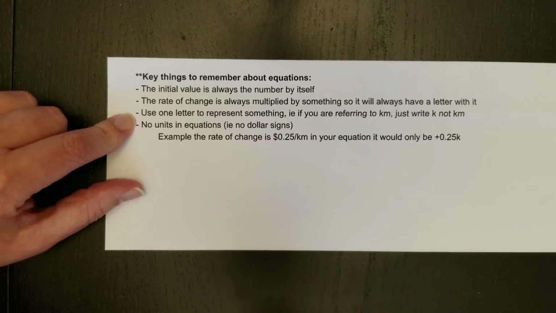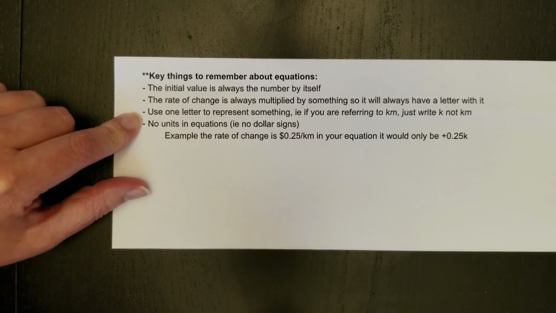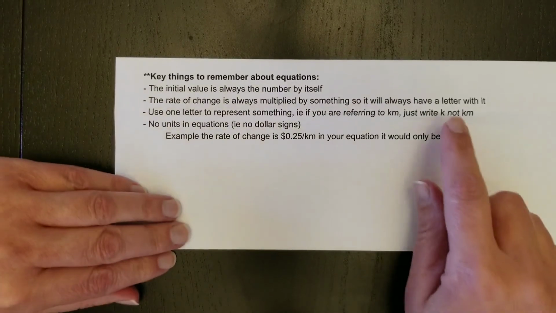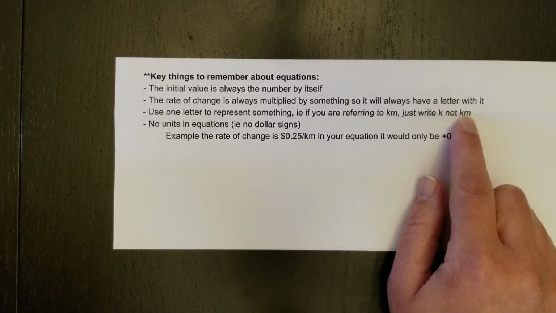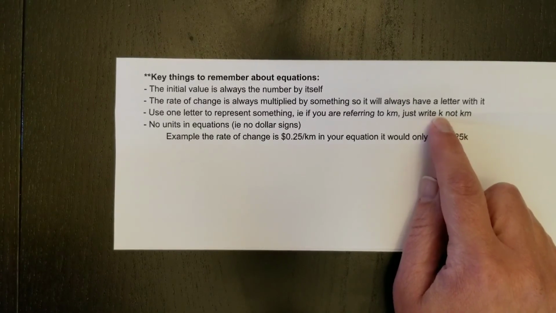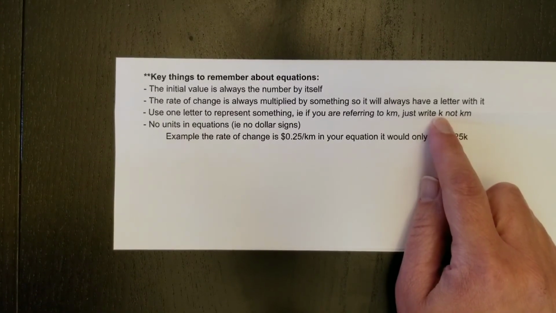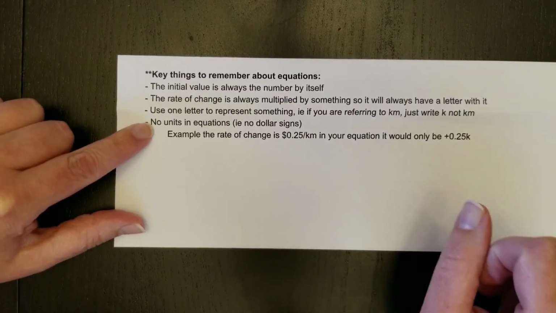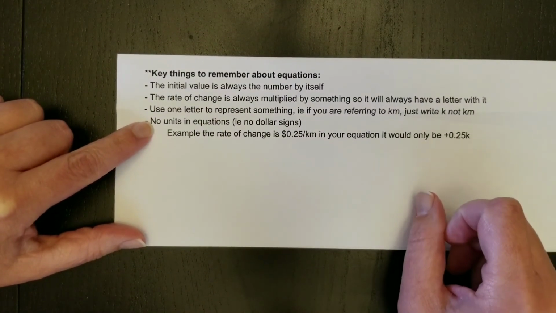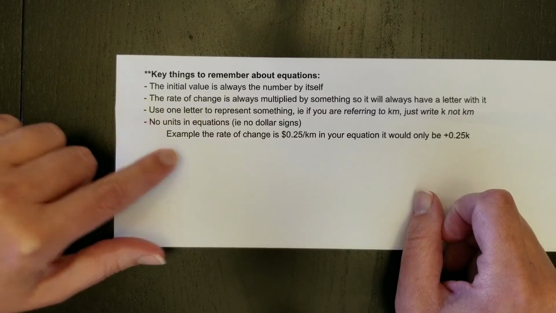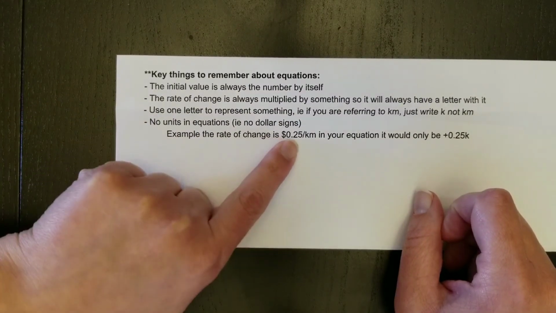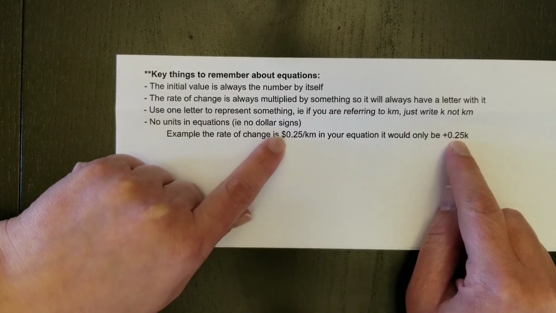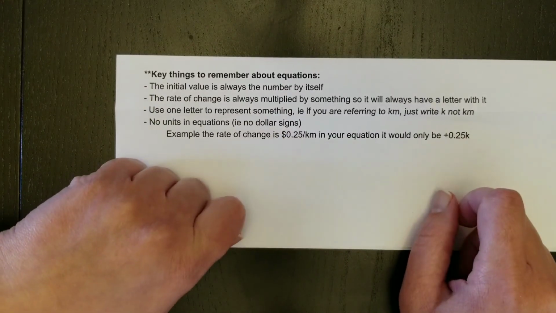When you're choosing your letters, you always want to use just one letter to represent something. For instance, if you had kilometers, you would just write K, not K and M together. We're not going to put any units, so no dollar signs or kilometers or meters or anything. If you have a rate of change of 0.25, you just put 0.25 even if it means 25 cents.